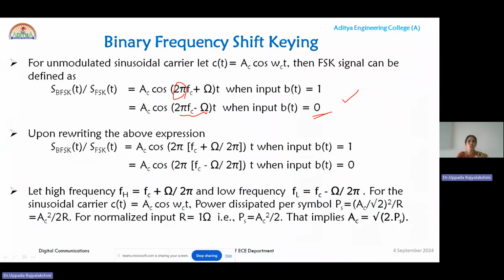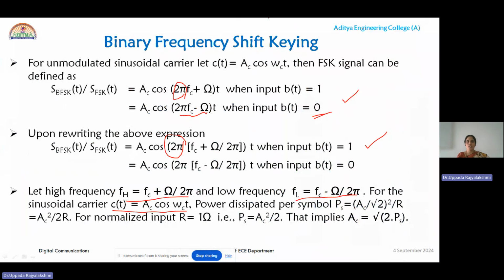So AC cos, taking 2 pi as common, you will get FC plus omega by 2 pi whole multiplied by t when the data bit is 1. And you will get 2 pi into FC minus omega by 2 pi multiplied by t when the data bit is 0. So you can say that the high frequency is FH equal to FC plus omega by 2 pi and the low frequency FL is FC minus omega by 2 pi, with the synchronous carrier or sinusoidal carrier as AC cos omega C t.